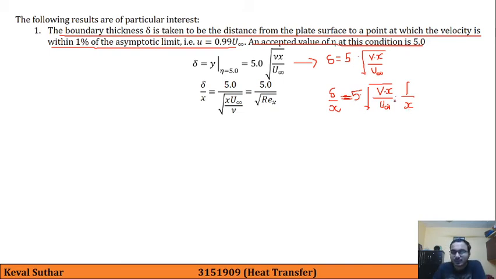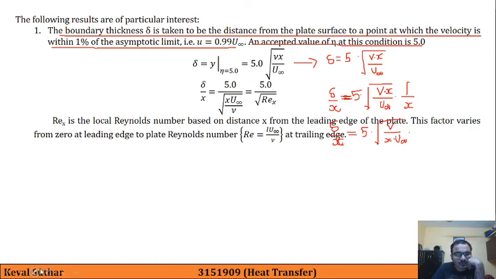So finally what we are getting over here is delta upon x, which is equal to 5 into square root of nu divided by x into u infinity. So this is nothing but the value of Reynolds number at the denominator. So let me erase this. I hope you have understood this. It is simple mathematics.